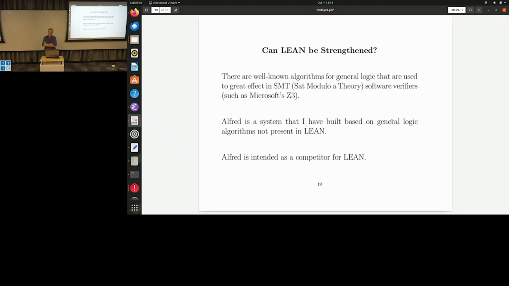There is a significant literature on SMT, SAT modulo theories. SAT solvers from 40 years ago are able to solve very large Boolean satisfiability problems, and they can be integrated into additional methods that are semi-algorithmic, in the sense that they're algorithms but also heuristic at the same time. SAT solving involves all kinds of heuristics about which variable to branch on.